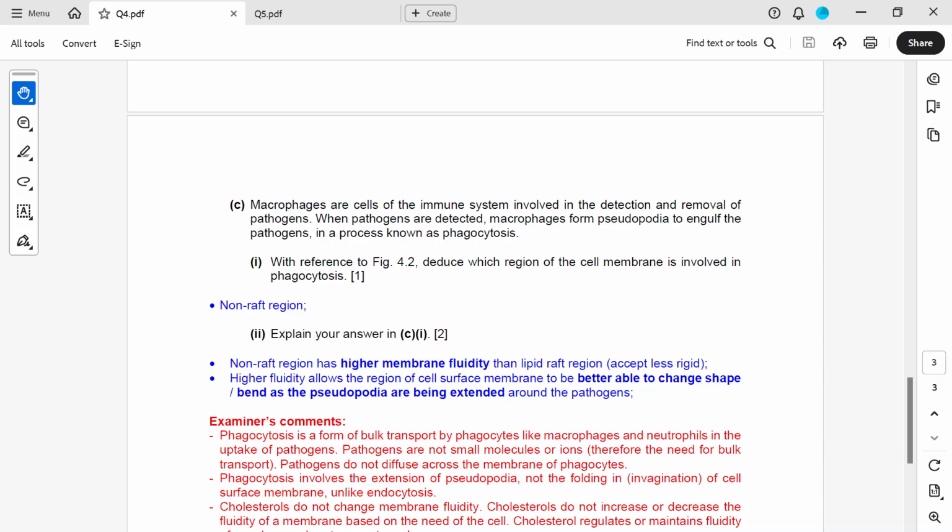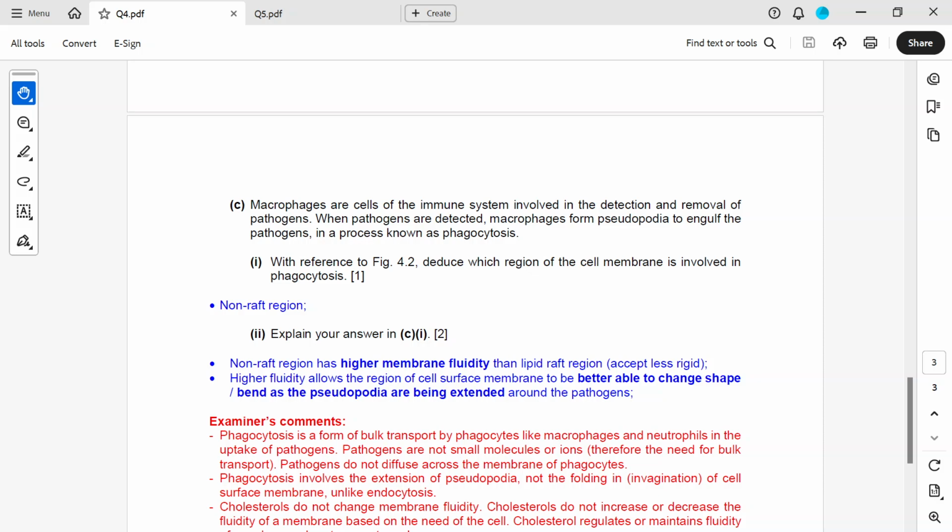This question is on fluidity then, not permeability anymore. So the region of the membrane that has high fluidity, of course, is the non-raft region. You can see that the phospholipids are further apart and there are kinks, the unsaturated hydrocarbon tails. So that makes the membrane more fluid.